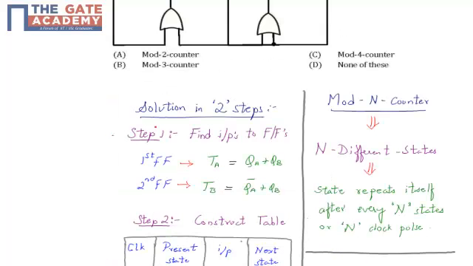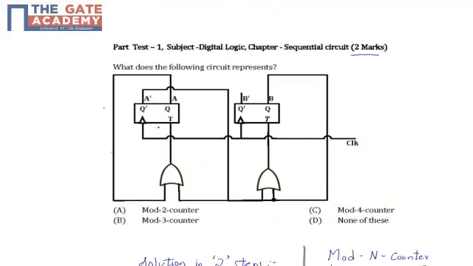My first step would be finding the inputs to the flip-flops. If you look at the circuit, you would get TA is equal to QA plus QB. The input to the second flip-flop is from QB OR with QA bar, that is, QB plus QA bar.